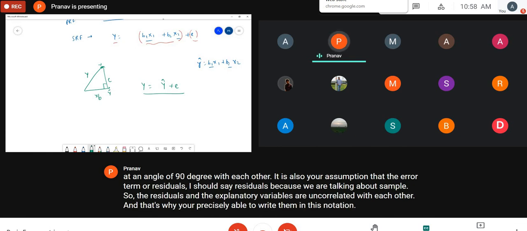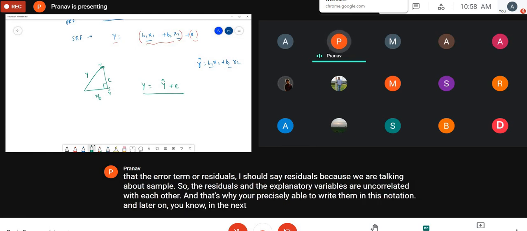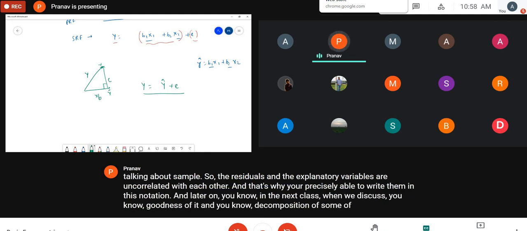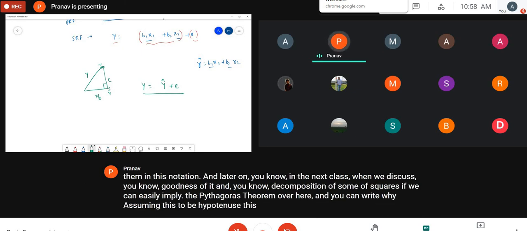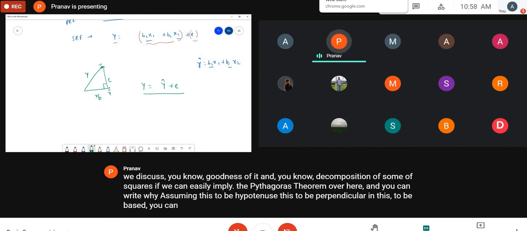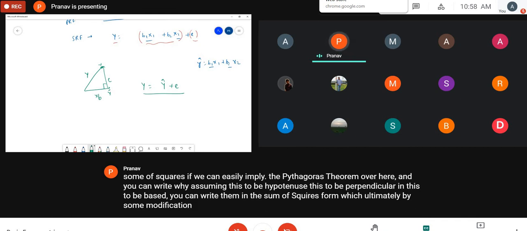Later on, in the next class when we discuss goodness of fit and decomposition of sum of squares, we can easily apply the Pythagoras theorem over here. Assuming this to be the hypotenuse, this to be the perpendicular and this to be the base, you can write them in sum of squares form, which by some modification becomes nothing but what is called R square.